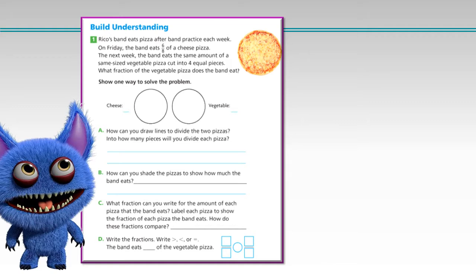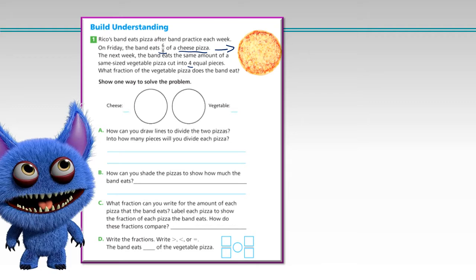So I see 2 quantities in my problem just by looking at it. I see a fraction, 6/8, and that fraction represents the amount of cheese pizza that they ate. And the next quantity that I see is the number 4.